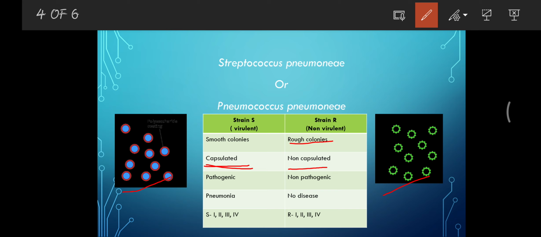Because of the capsule, strain S was pathogenic in nature, and since the capsule was not present in strain R, it was non-pathogenic. Thus strain S caused the disease pneumonia, but strain R is non-virulent, non-infectious, and does not cause any type of disease. There are four different types of strains: S has 1, 2, 3, 4, and R has 1, 2, 3, 4.